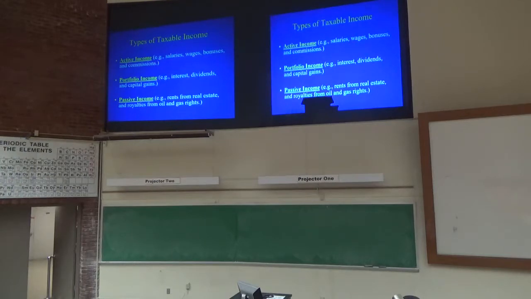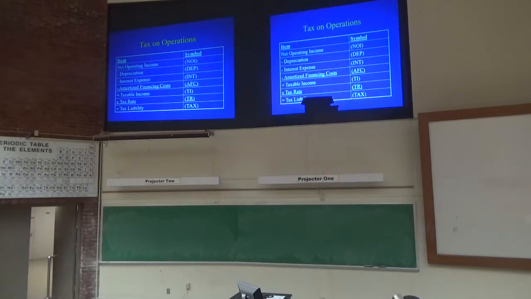Okay, this is commercial. So let's look at the taxable income. We got net operating income minus depreciation, minus interest expense, minus amortization, there's your taxable income. So the interest expense, the depreciation, and amortization lower your taxable income. Apply the tax rate, there's your tax liability.